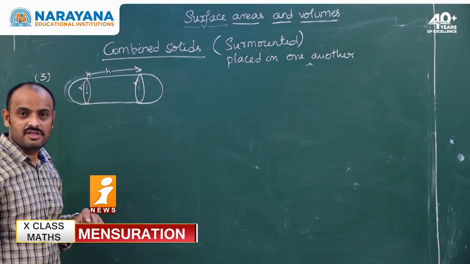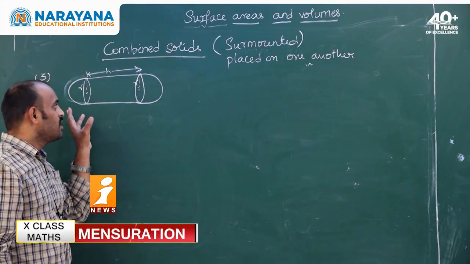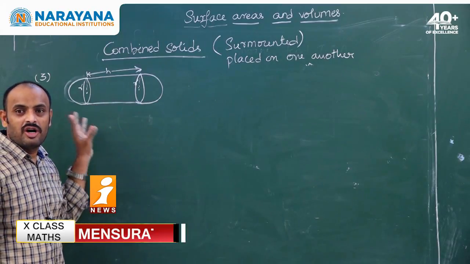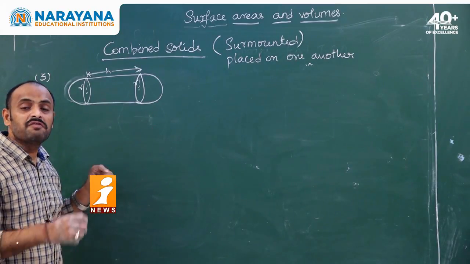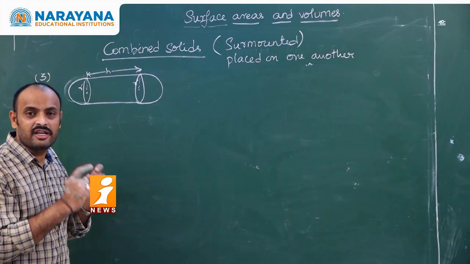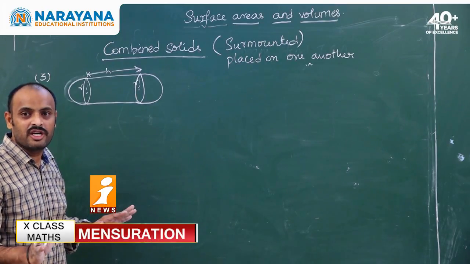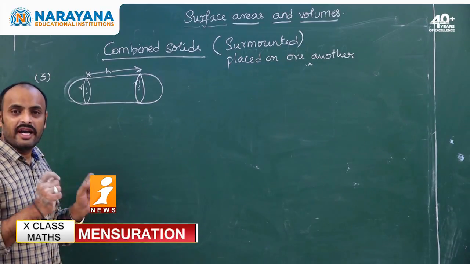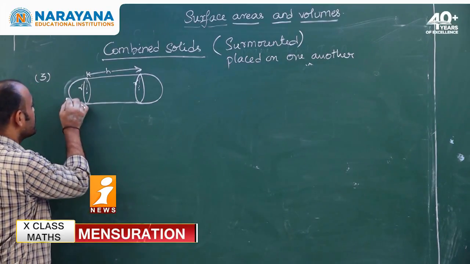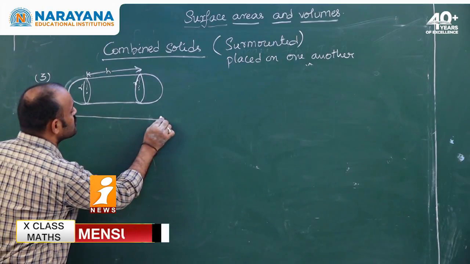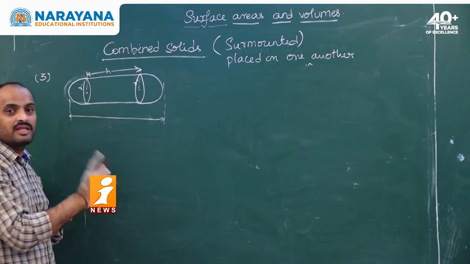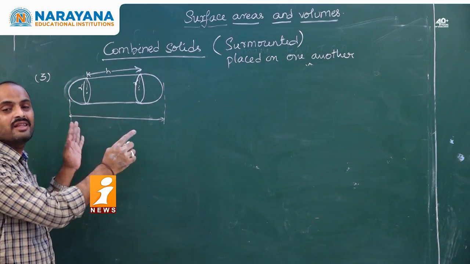In some of the questions they will say the height of the medicine capsule or the height of the gulab jamun. If they say that, it is not the height of the cylinder. Please make sure that if they say height of the medicine capsule, it is from here to here, the entire height they have given.